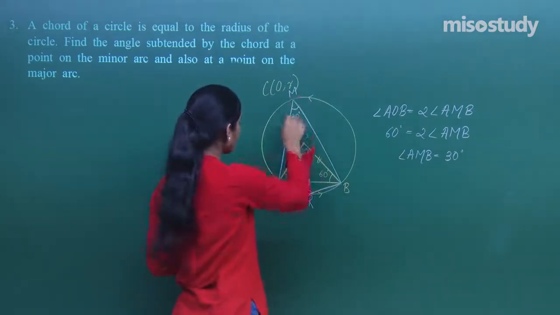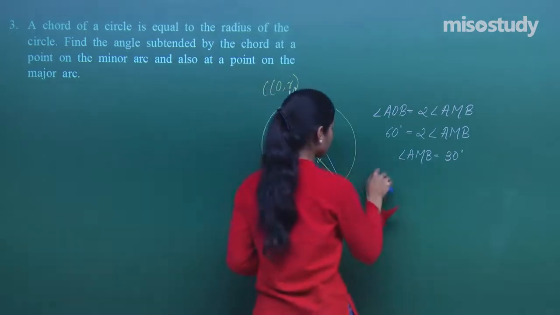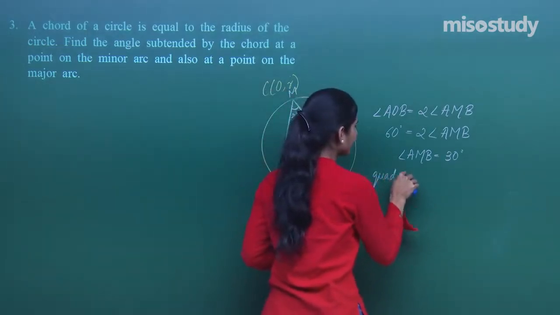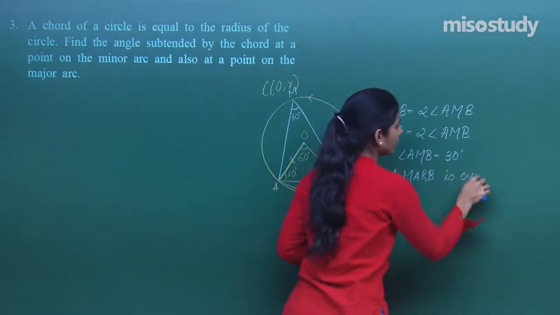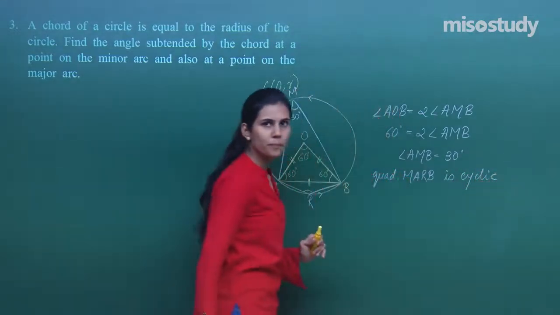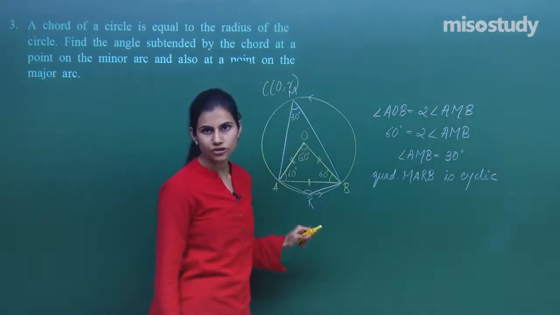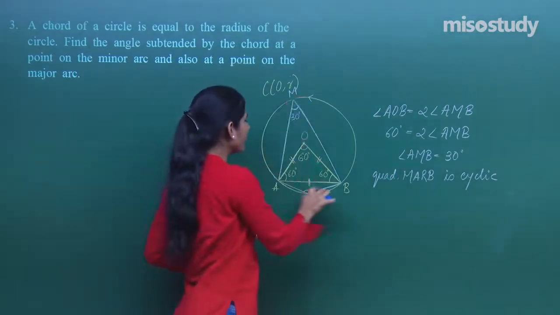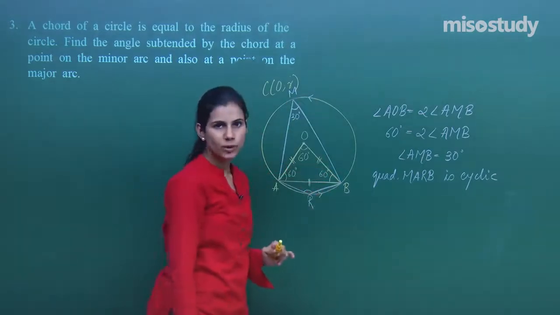Now focus upon MARB. MARB is a cyclic quadrilateral, and therefore we have learnt about this property that opposite angles in a cyclic quadrilateral are supplementary, right? The fact that MARB is a cyclic quadrilateral, I know angle M plus angle R is 180.